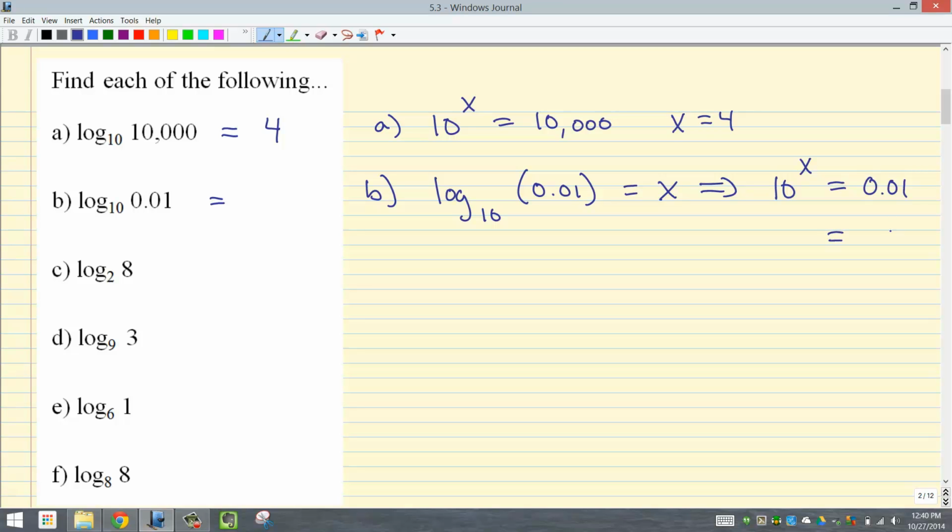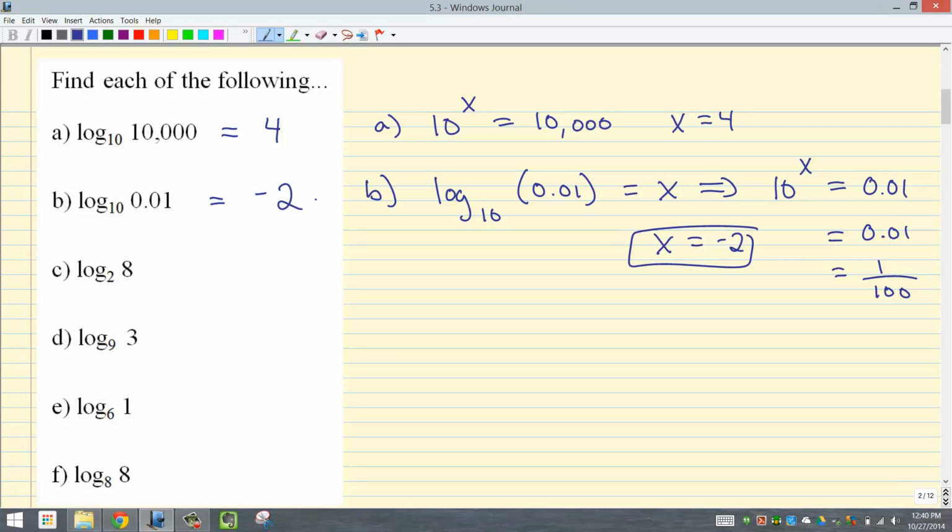Instead, I'd like to say this as 1/100th. So x equals negative 2. Squaring it, the 2 gives you a 100. Taking the negative of it reciprocates it. So here, x equals negative 2.